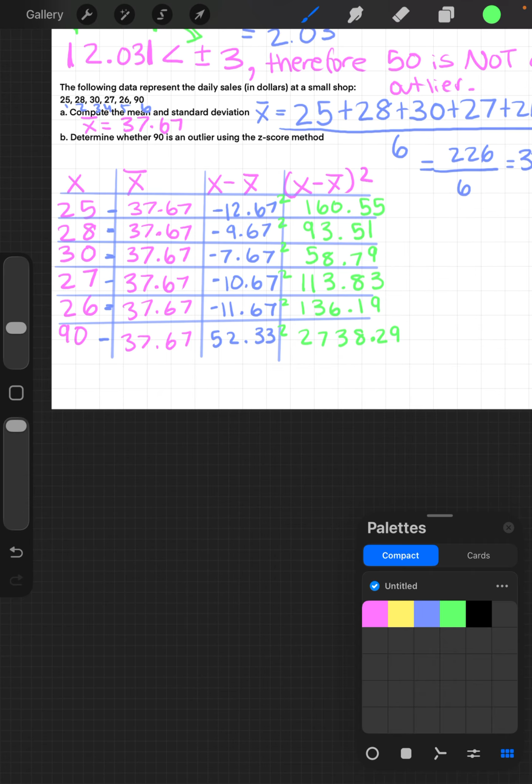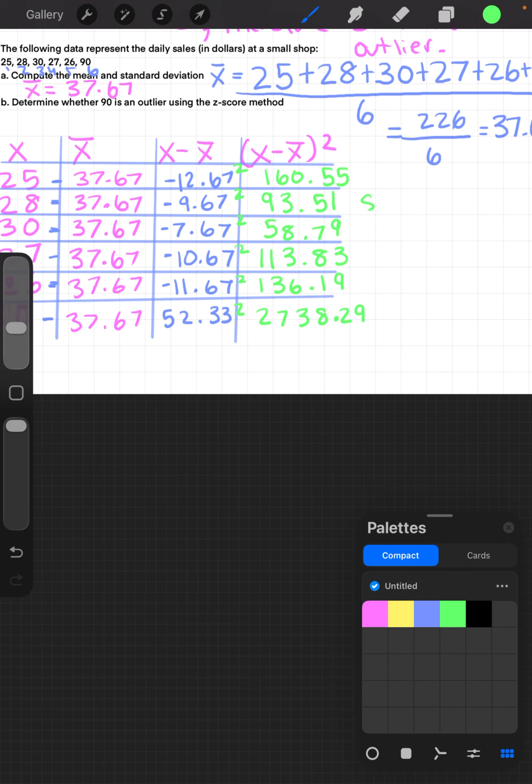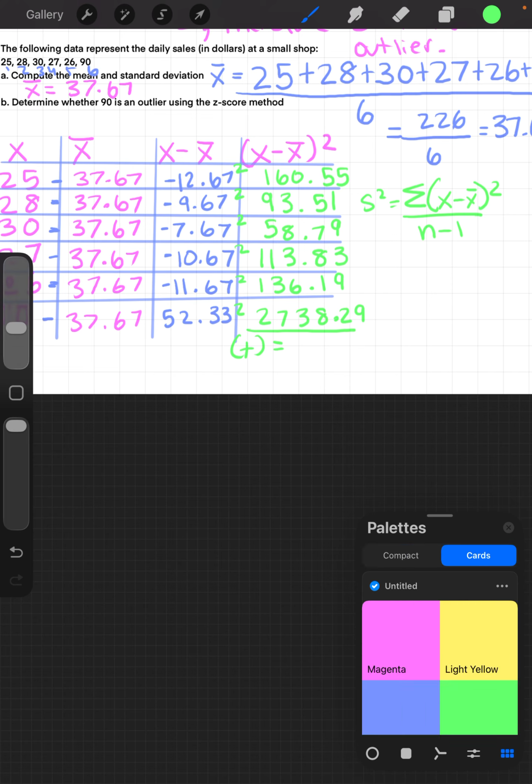And then to find our variance, this is gonna be the sum of all of these over n minus 1. When you add all of these, 3,000.